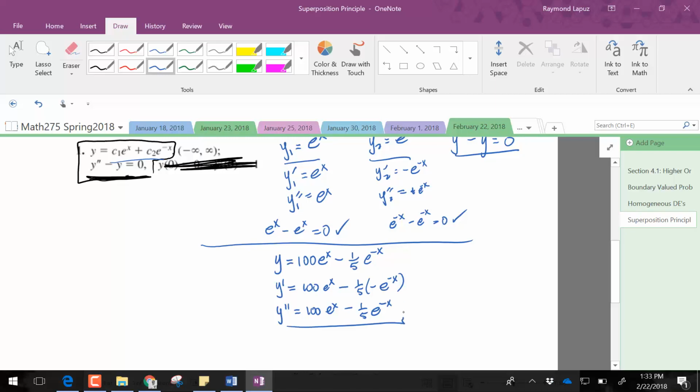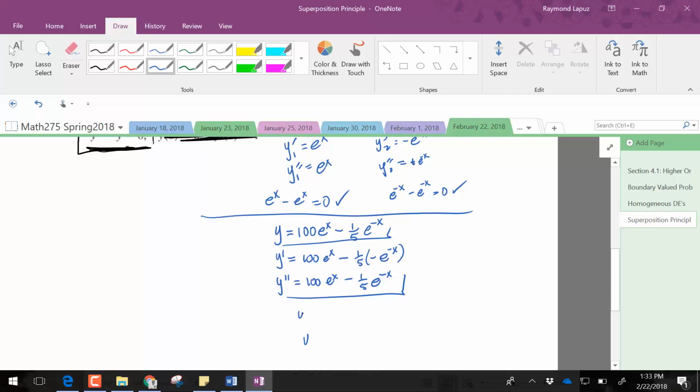So now I'll take this and I'll take this and subtract them. y double prime minus y is, well, all this stuff. Seems to be the same, so they should cancel. So it doesn't matter what those constants were. I put 100 and 1/5, but you can put whatever constant you want there. That's what it means to be a linear combination, and it works.